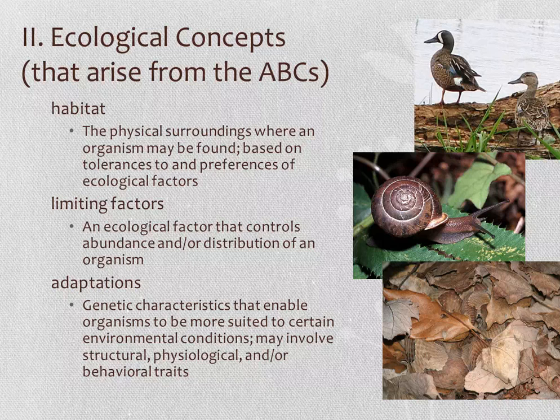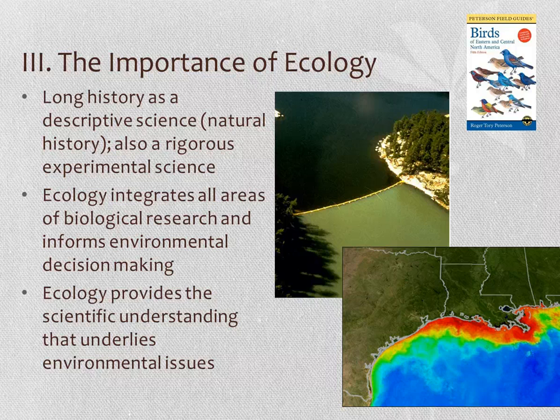Finally, just to underscore the importance of ecology again, ecology's got a long history as a descriptive science. This is sometimes referred to as natural history, learning the names and distributions and habits of plants and animals. But ecology is also a very rigorous experimental science, and it has come of age in the last 50 to 60 years.